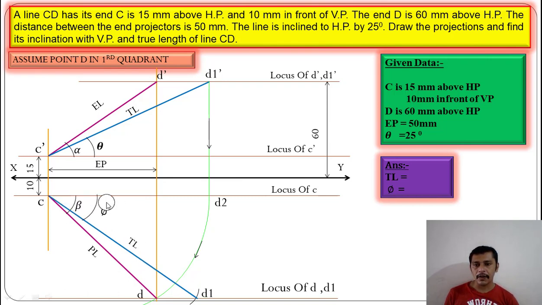Now measure the true length and angle phi. So the true length will be equal to 105 mm and angle phi will be equal to 50 degrees. Now let us move on to the next problem.